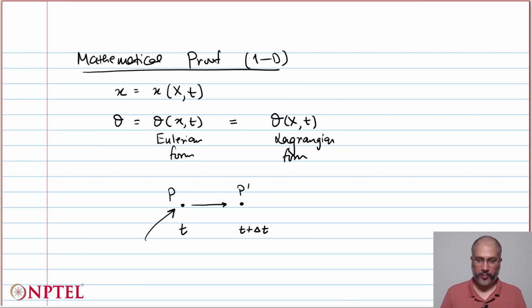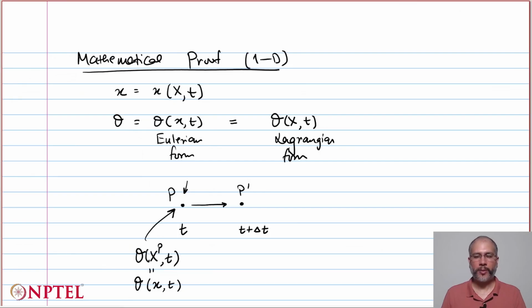So when I measure the temperature here, that will be temperature theta of capital X for particle P, comma t, and this is also the same as theta measured at this location small x. So this is the small x location, spatially speaking, comma t.